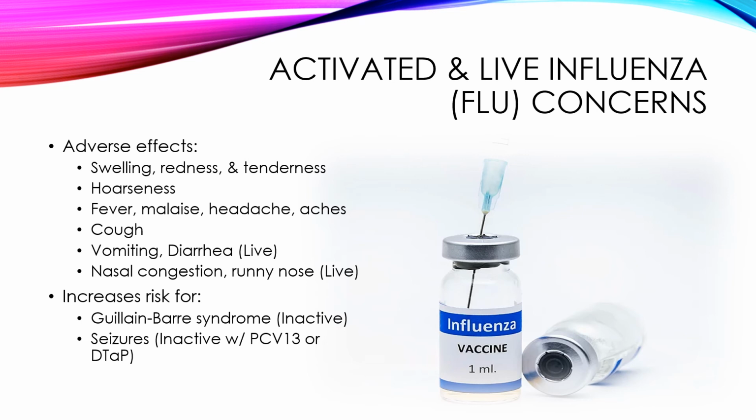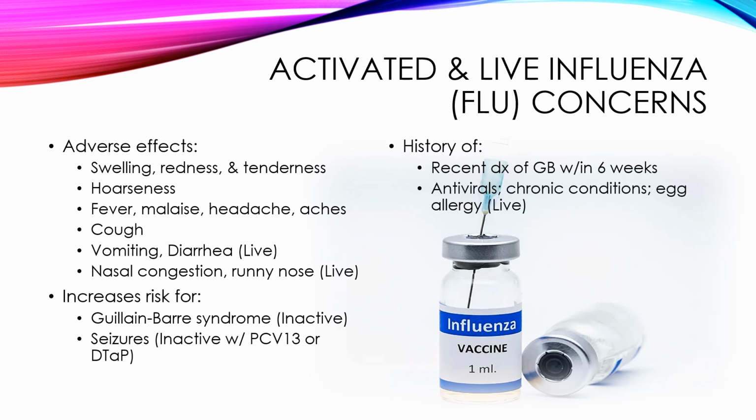So our education here is to give the flu vaccine separately from other vaccines, at its own time, to decrease those risks. If they have a history of Guillain-Barré within the last 6 weeks, then don't do that. And then with any antivirals, chronic conditions, or an allergy to eggs, they should not get the live vaccine.